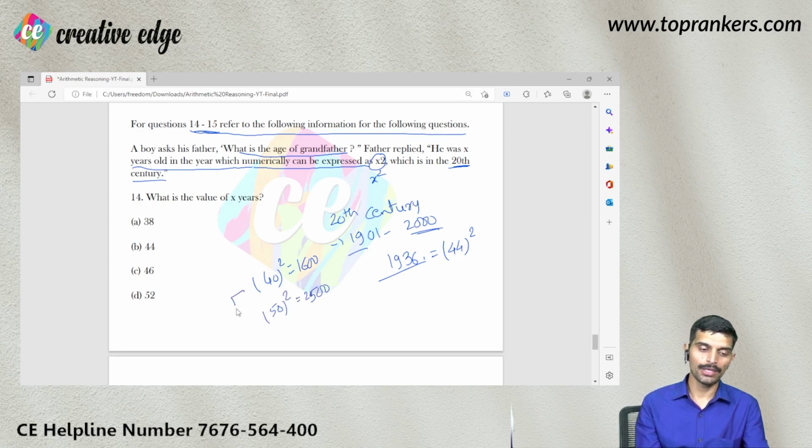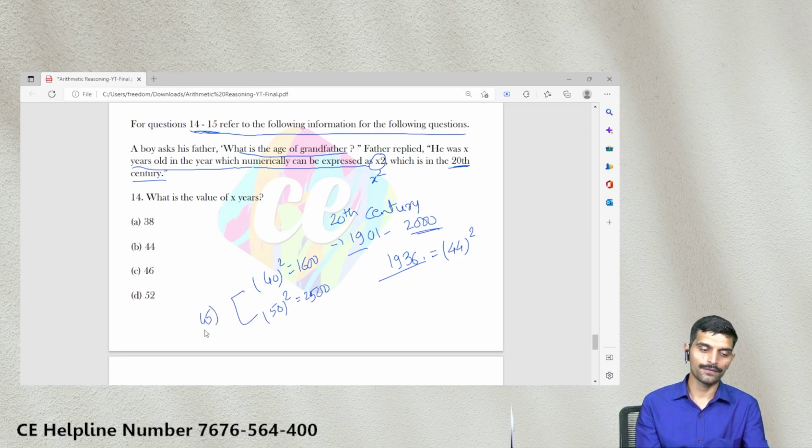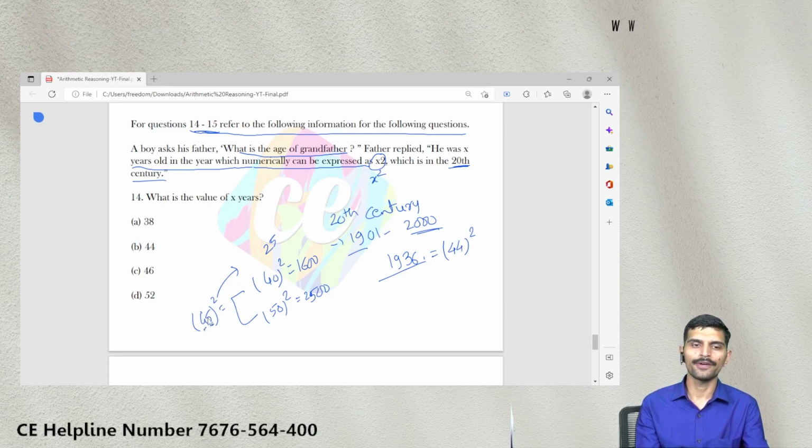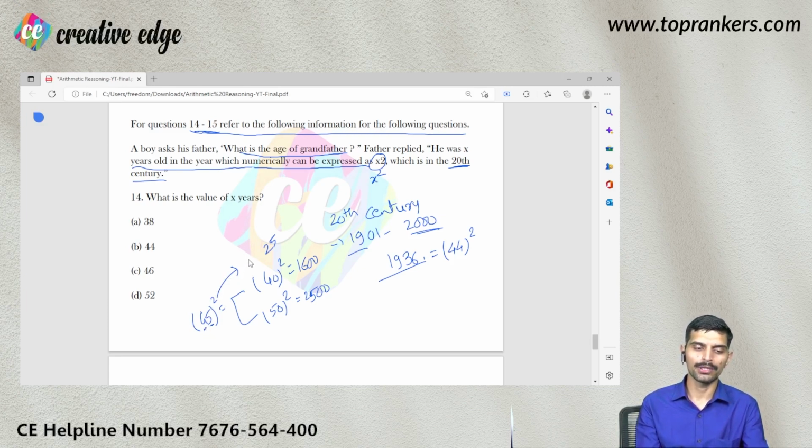In between, the middle number is 45, and we can always determine the square of any number ending with 5 easily. That is 5 square is 25: take the number 4, add 1, and multiply it with 4, that is 5 into 4, 20. So it has to be somewhere less than this.